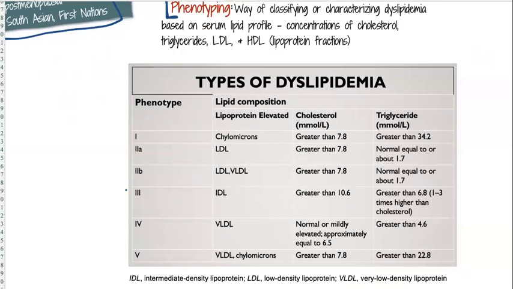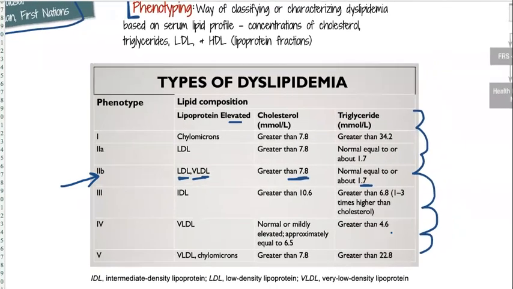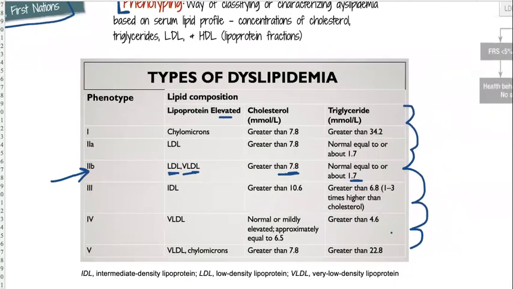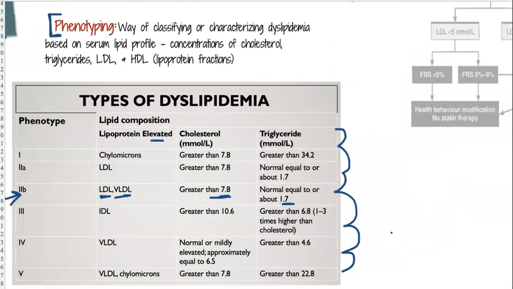If you look at 2B, for example, it would be your low density and very low density lipoproteins that are elevated. Your overall cholesterol is going to be higher than 7.8, and your triglycerides are going to be equal to or about 1.7. So each of these stages are different, and they're classified based on that. I don't want to stress enough that you don't need to memorize this. Just understand that's what phenotyping is. It's classifying based on the different levels and how they compare, right?